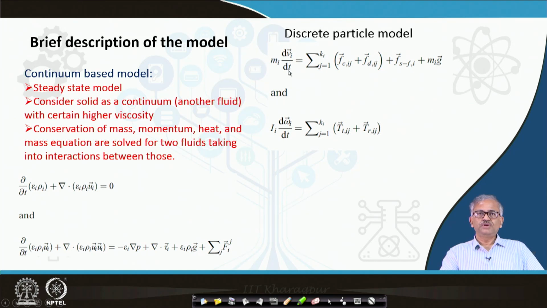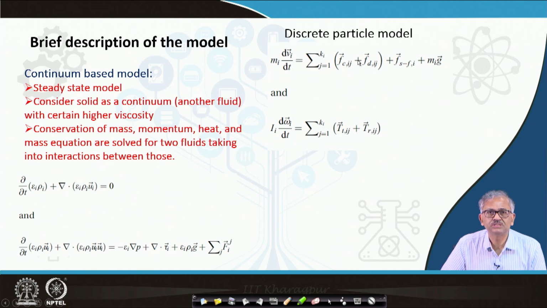So m into d by dt is the translational part, a force balance for the translational velocity of the particle. Mass into acceleration is equal to the summation of forces, Newton's second law.